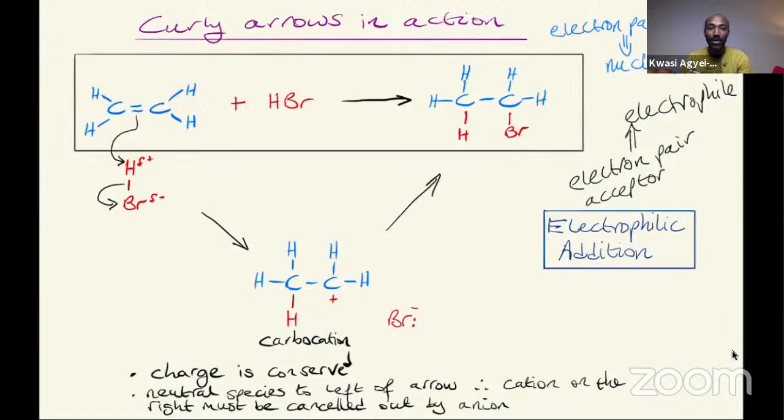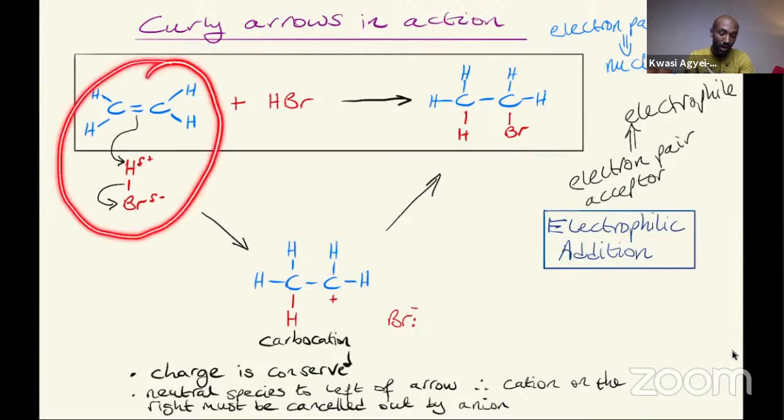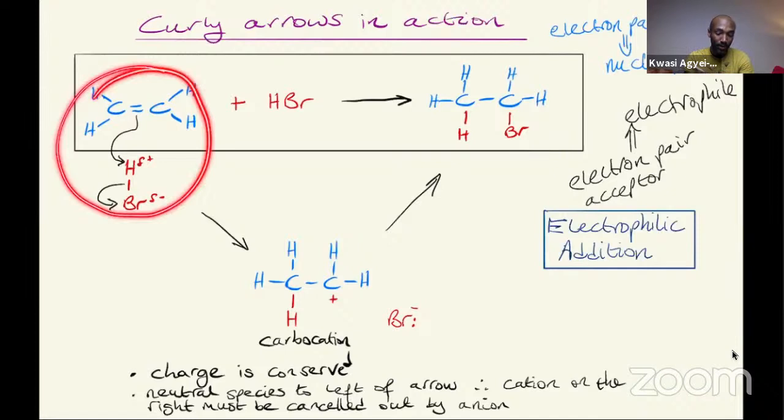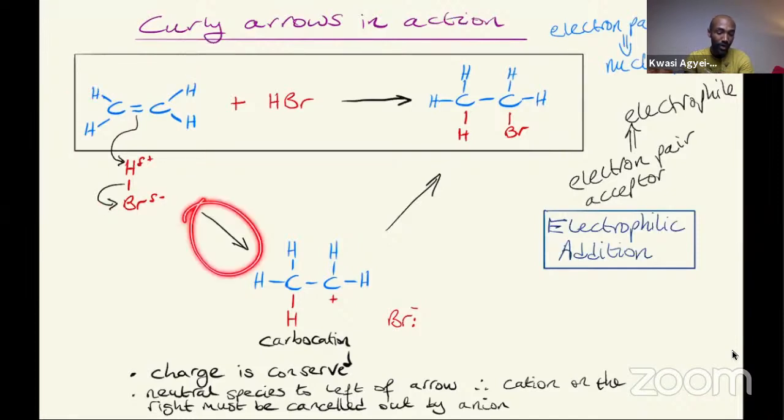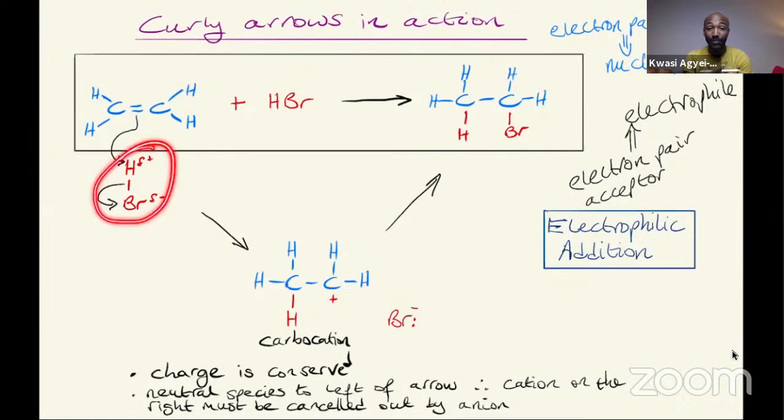Okay? Now, there's a very important principle at play here, which we need to discuss, and this is that of the conservation of charge. Now, as you can see here, before our arrow, so in this part of our equation, there is no overall charge. Okay, so the alkene is uncharged, it's neutral, and the HBr, although it is polar, it's neutral overall.